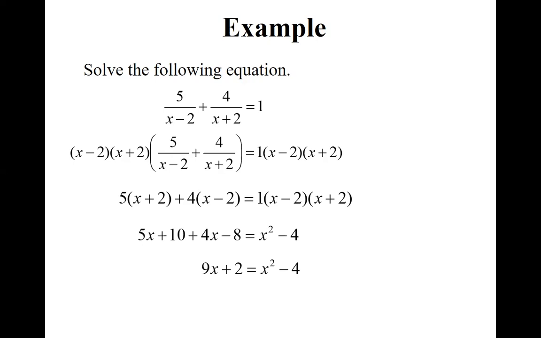The x squared is already positive on the right, so let's take everything to the right, subtract 9x, subtract 2. Negative 4 minus 2 is negative 6. So x squared minus 9x minus 6. Are there numbers that multiply to negative 6 that add to negative 9? No.